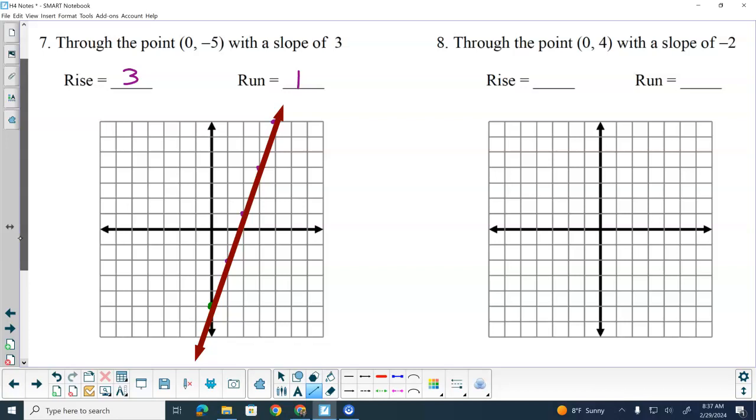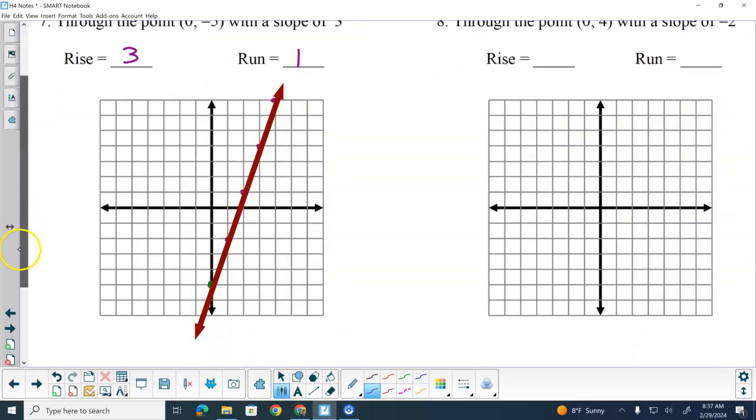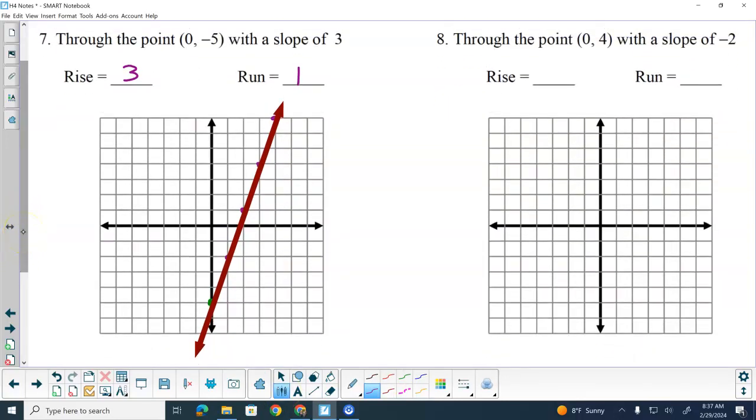Zero, 4. Up 4. Slope of -2. Alright. -2 and 1. Or bring the 2 over.